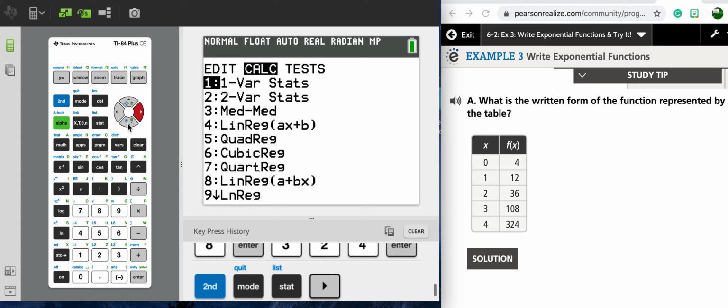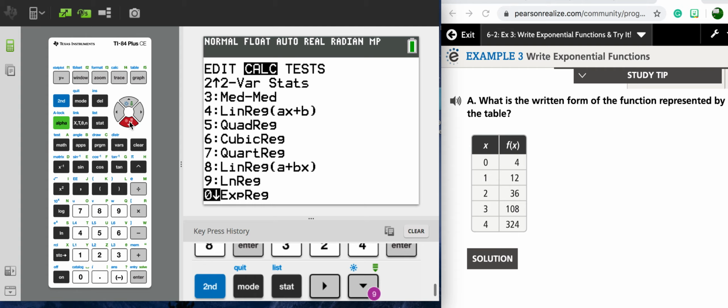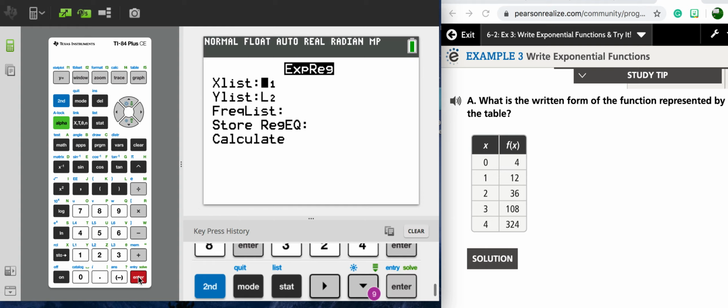So we go stat, calc, and you either press 0 or you scroll down to the exponential regression, which is 0. Enter. Now it's asking for the values L1, L2, frequency list, store regression equation, and calculate. Let's enter all this and calculate.